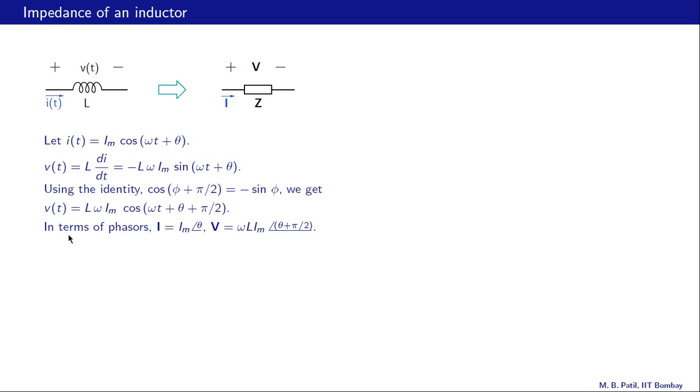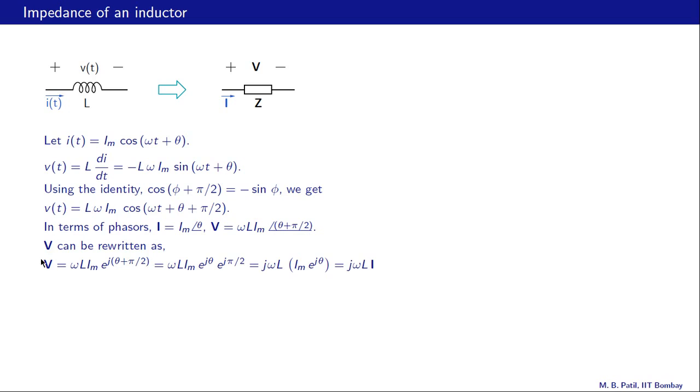Alright. Now in terms of phasors, we have I equal to Im angle theta, where Im is the magnitude and theta is the angle, and V equal to omega L Im angle theta plus pi by 2.